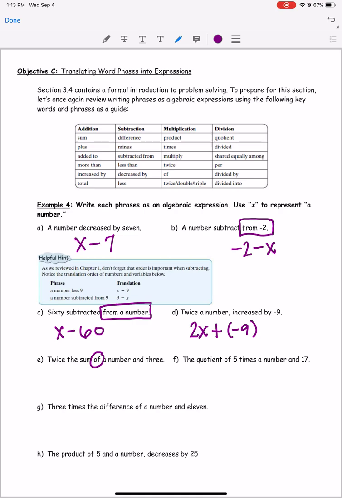After your of, that's where your parentheses come in. And the operation between these is what is right in front of it. So twice means that we have 2 on the outside of parentheses. We have a number and 3, so x and 3, and then the operation is the sum.